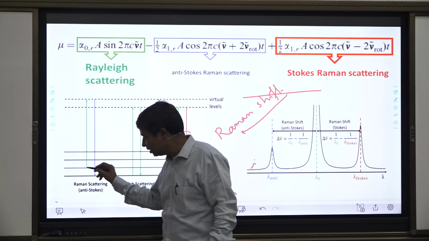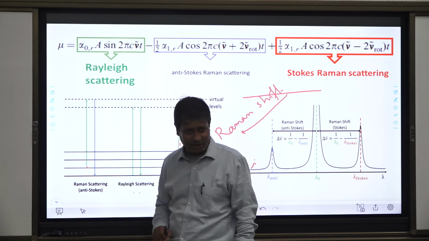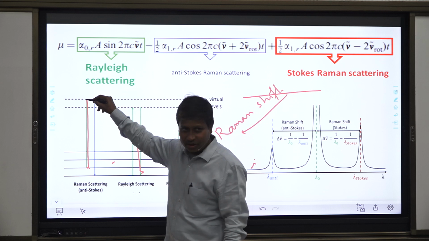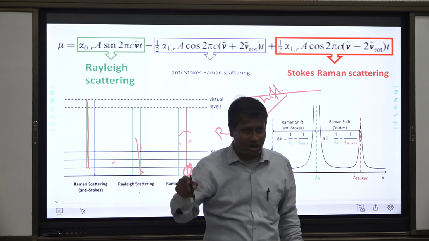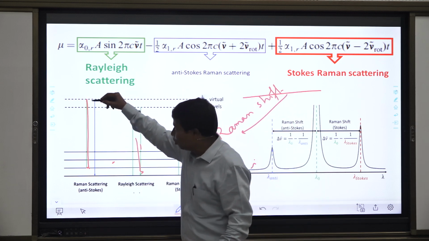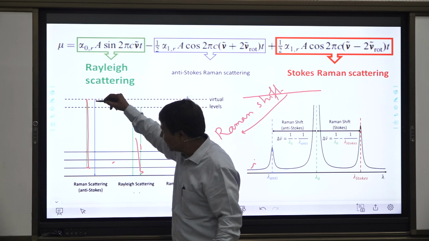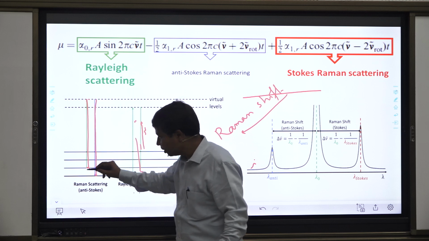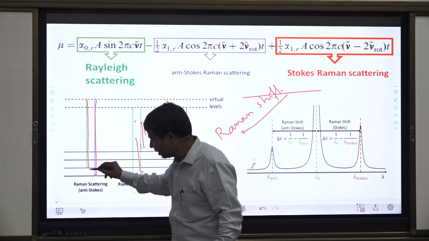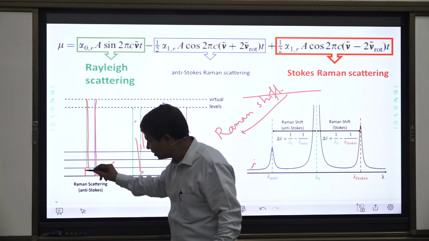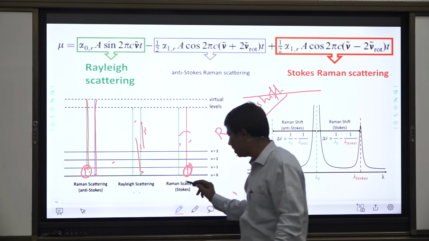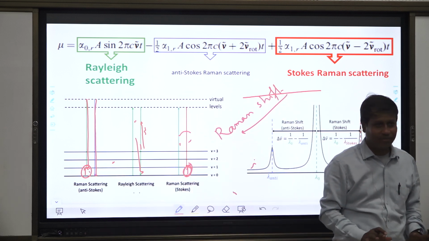If a transition happens from the higher energy level and it goes to the virtual state, which I think he will be talking about tomorrow, and then it comes back following the selection rule that delta V is 1, then the difference is this one. This difference and that difference are exactly the same.